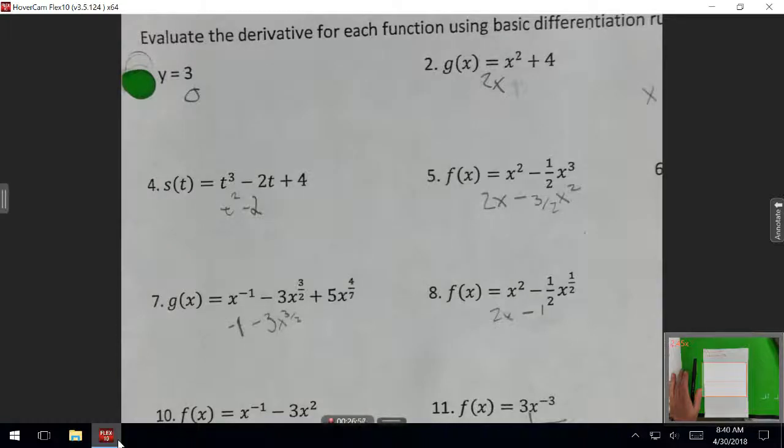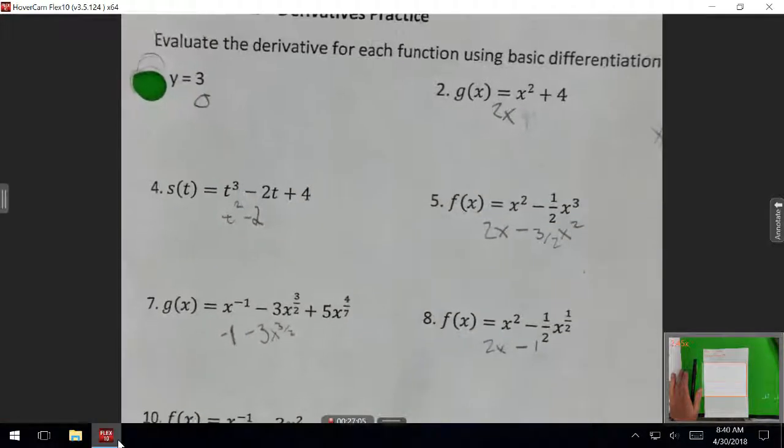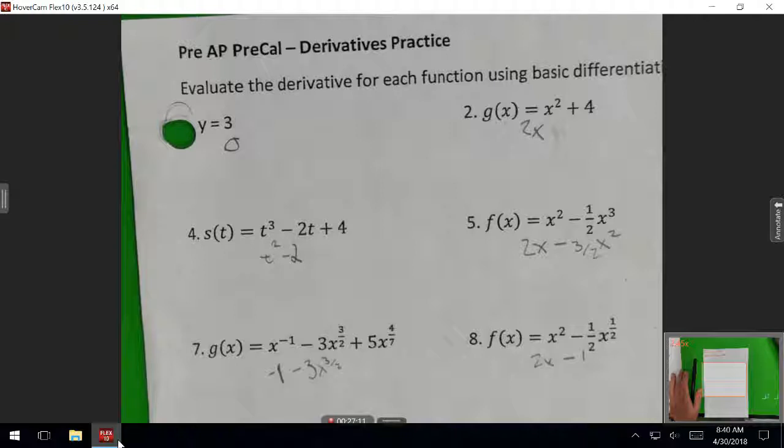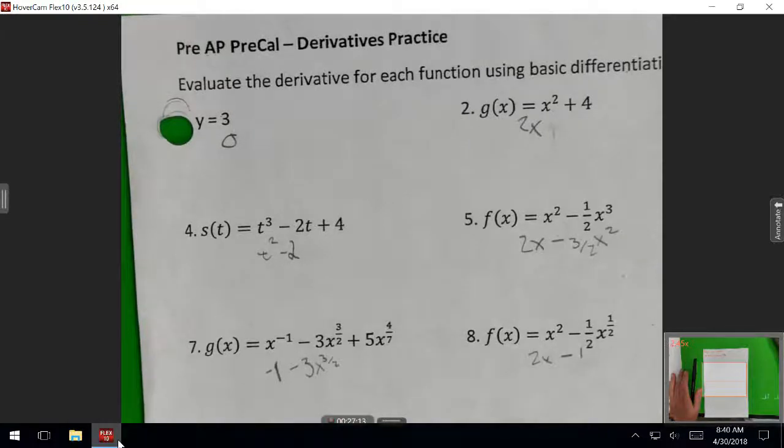Why? Because 4 is a constant, and x you multiply that because of the 1, and multiply it by 2, and that's 2x. Good job. Next time put y prime equals 0. G prime of x equals 2x. Okay? Okay. Thank you. Number 3, is that Rogers?